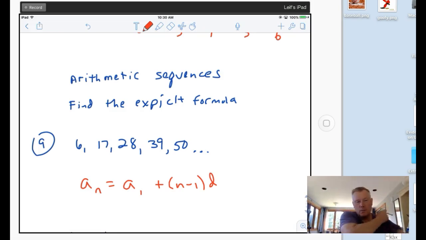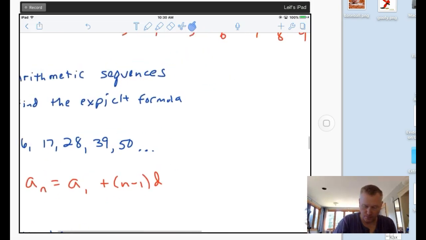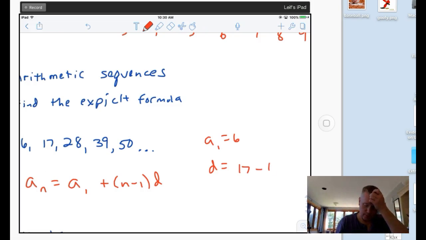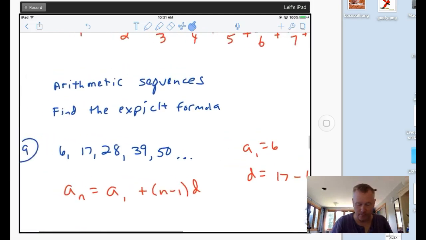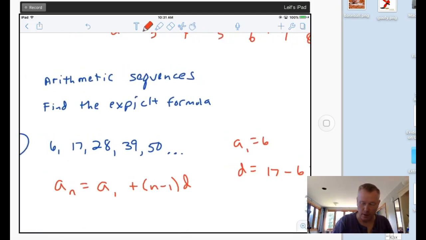So I got a of 1 is the first number in the sequence, which is 6. D is the common difference, which is what you get when you subtract the first number from the second number, which is 11. And n is whatever the number is. That's usually in there like an x in a graphing y equals 2x plus 3.